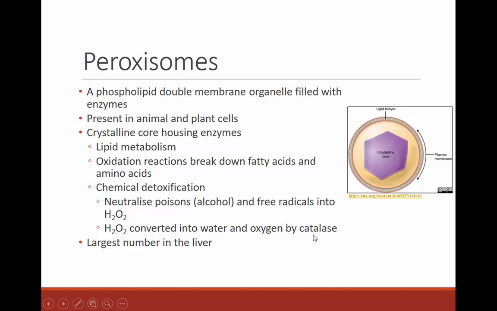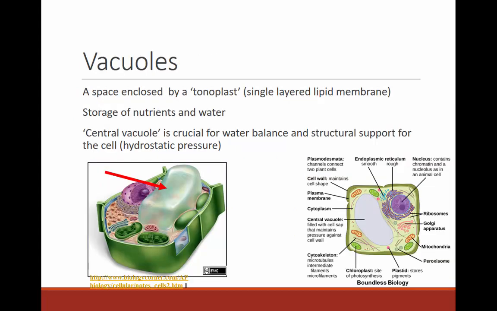And we're going to be using some tests in the pracs looking for catalase production. So you'll know what that actually means. And because it's got those detoxification properties, you'll understand why we find a lot of them in the liver.